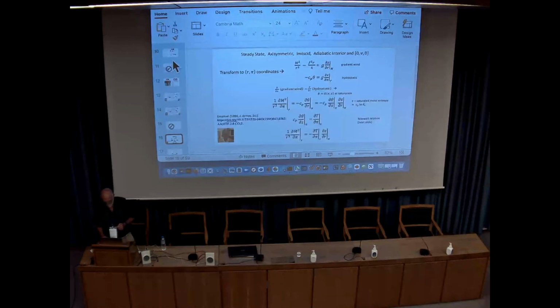In the formulation of the more precise theory, we transform from vertical coordinates to pressure coordinates. So these are the same two equations, gradient wind and hydrostatic, but in radial pressure coordinates. And then from there you can do exact manipulations.